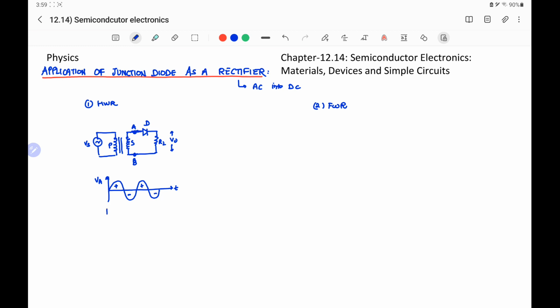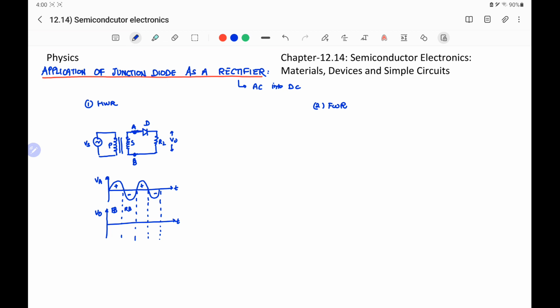Correspondingly, if we draw the output voltage VO, when point A is at a higher voltage than B, the diode will be in forward bias condition. So this is the forward bias state. And when A is at a lower voltage than B, the diode will be in reverse bias.